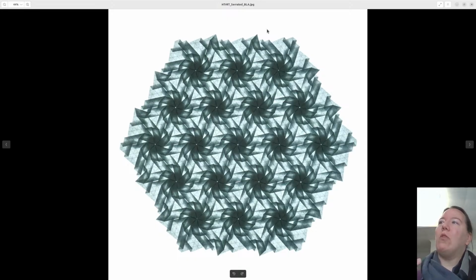Then I was able to make a custom rotated grid for this pattern because I had the crease pattern and because I was looking at the tiling and saying this is where it should stop. And then I was able to get this kind of result from the crease pattern and the tiling used together.